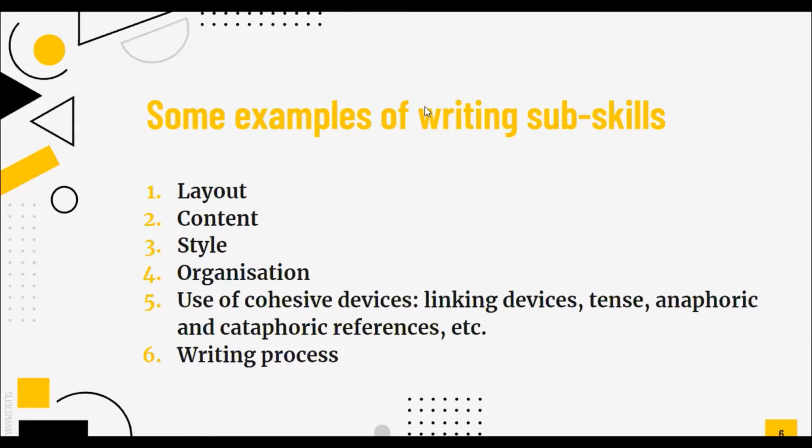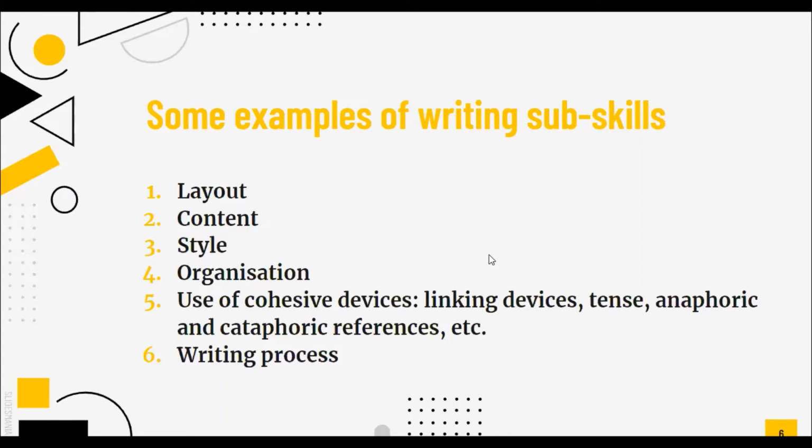And well, all the sub-skills that are also related to the writing process, such as brainstorming, which was mentioned before, also making a draft. All these are different steps that will help us achieve our successful writing. Definitely. And if you think of layout, for example, it's important that you ask yourself questions like, what format does the type of text need to be?